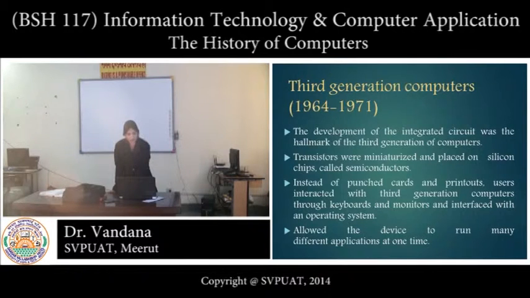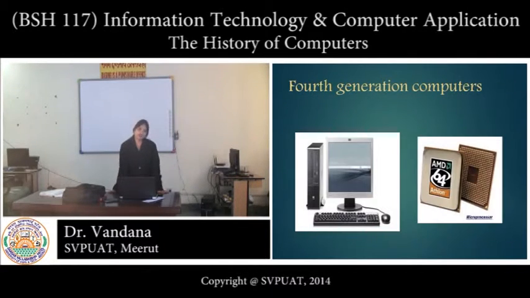In place of punch cards or printouts, users started interacting directly with the computer, using a keyboard and monitor with operating systems. Because new devices were used, the speed of the computer also became good.